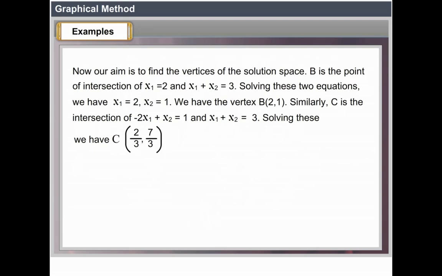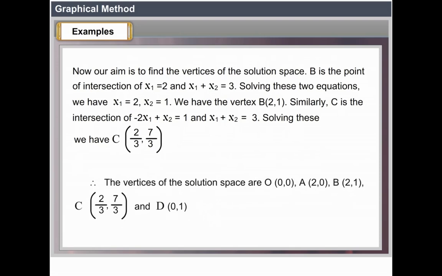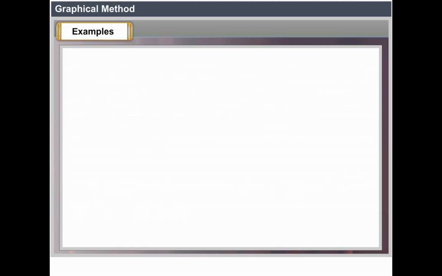Solving these, we have the vertex C (2 by 3, 7 by 3). Therefore, the vertices of the solution space are O (0, 0), A (2, 0), B (2, 1), C (2 by 3, 7 by 3) and D (0, 1).